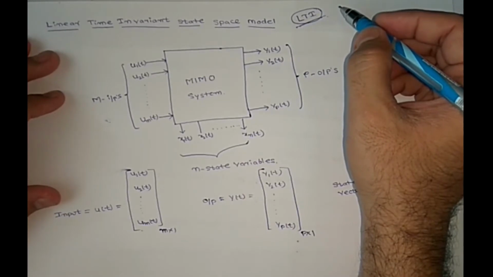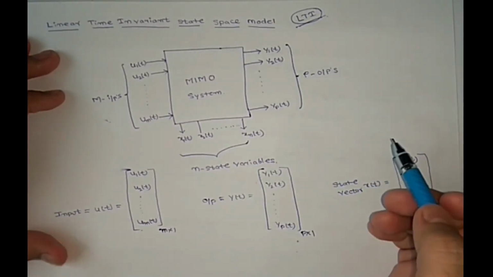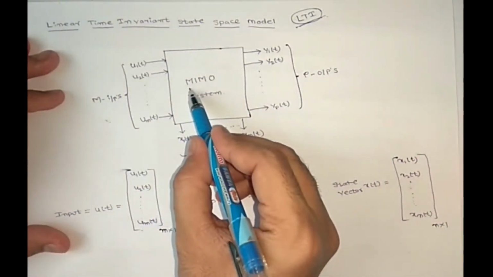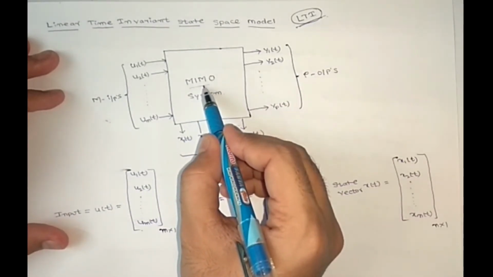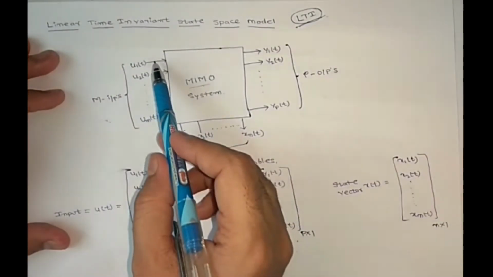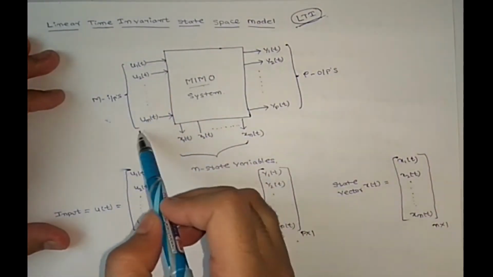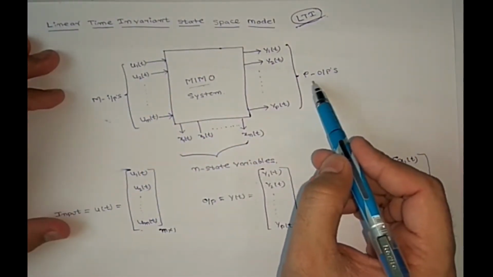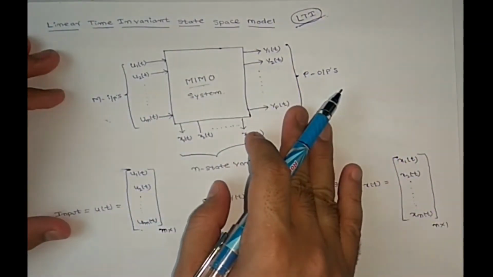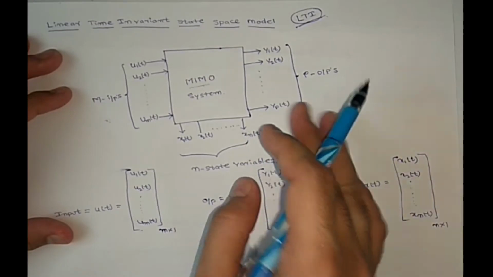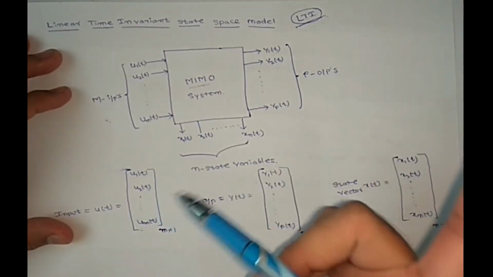We also discussed that the state space model can be drawn for a MIMO system, multiple inputs and multiple outputs. You can see here we have m number of inputs and p number of outputs. A transfer function is only one input and one output, right?